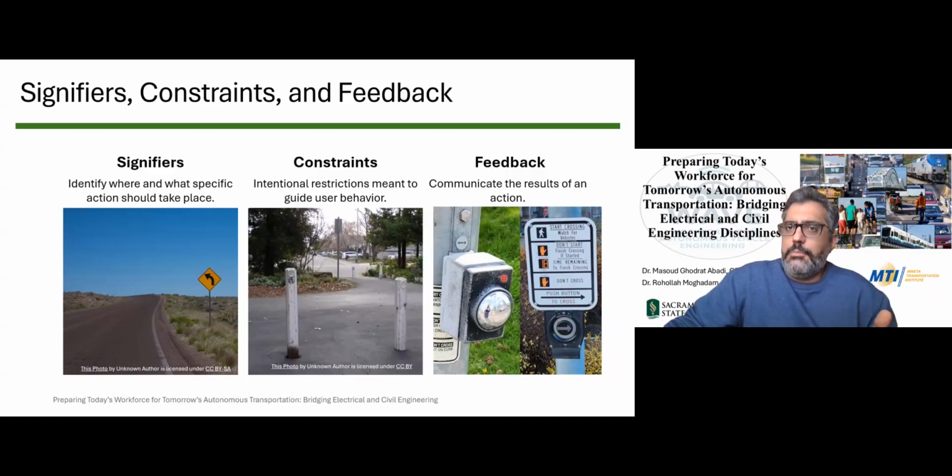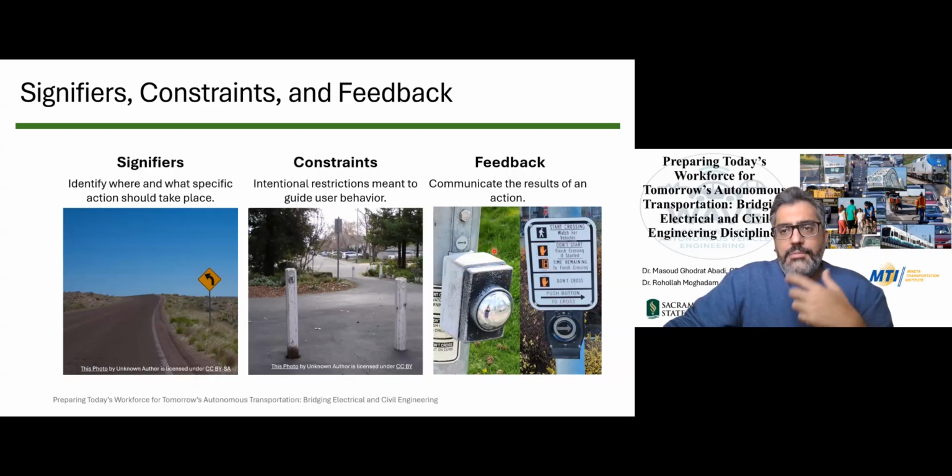In some areas, for bicycle detection, like in Portland or the Bay Area, they use blue lights on traffic lights to show bicyclists that they are detected. This is a feedback system.